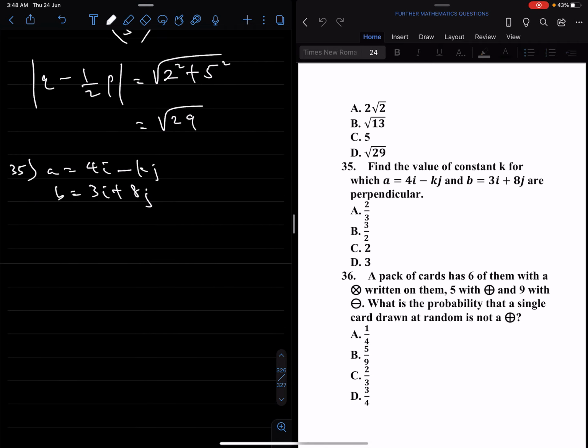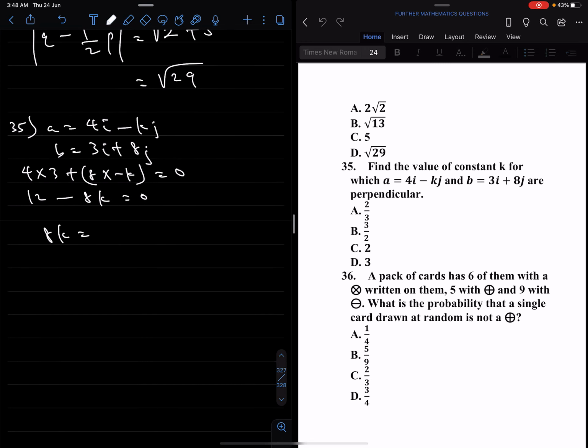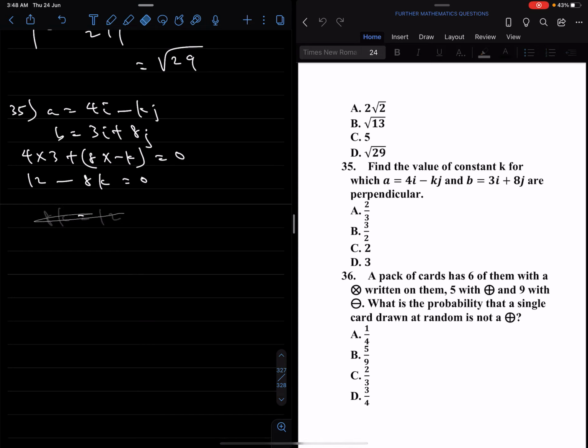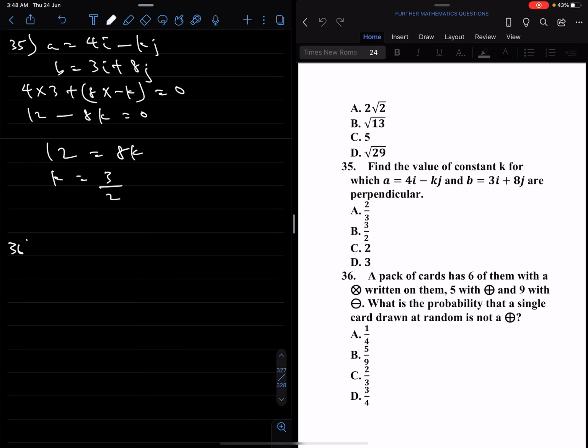If they are perpendicular, that means their dot product is 0, and that simply means 4 times 3 plus 8 times minus k equals 0, which means 12 minus 8k equals 0, and that simply means 12 equals 8k. Moving minus 8k to the right hand side, this simply means k equals 12 over 8, which is 3 over 2. Now we move to the next, which is number 36.